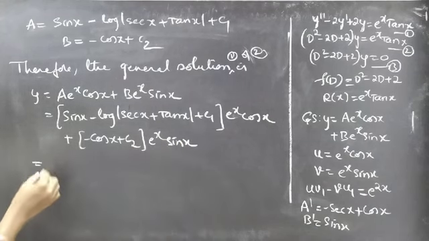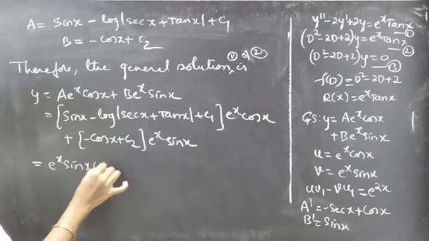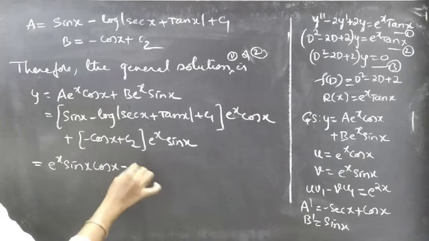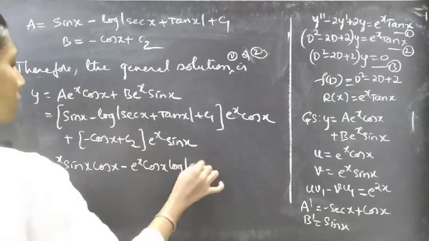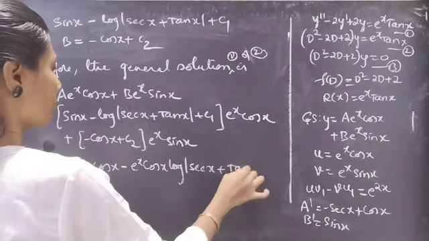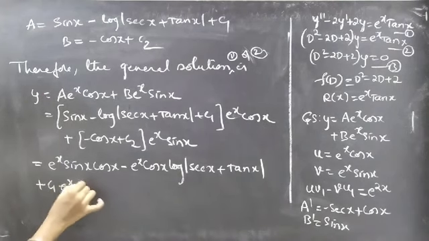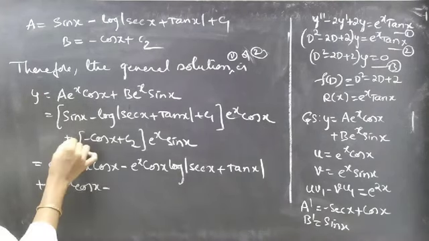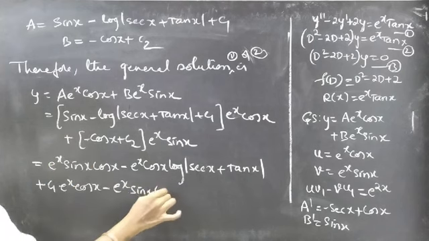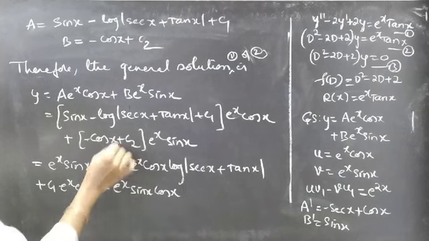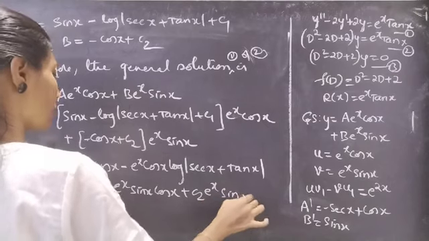This equals e power x sin x cos x minus e power x cos x into log mod secant x plus tan x plus c1 e power x cos x, plus minus minus e power x sin x cos x plus c2 e power x sin x.